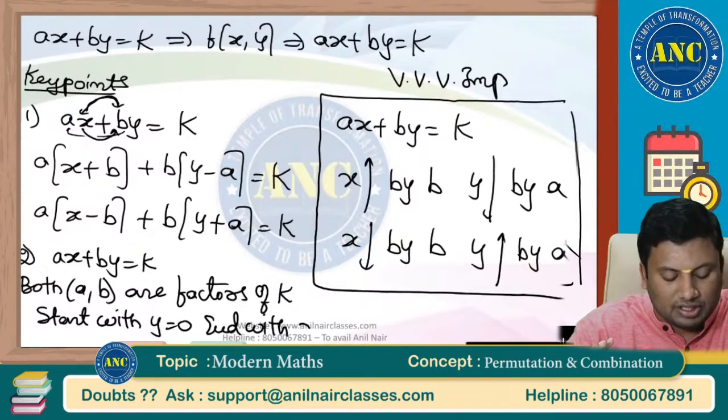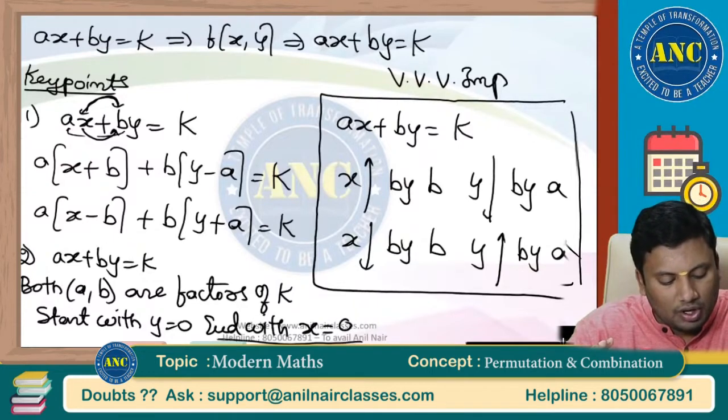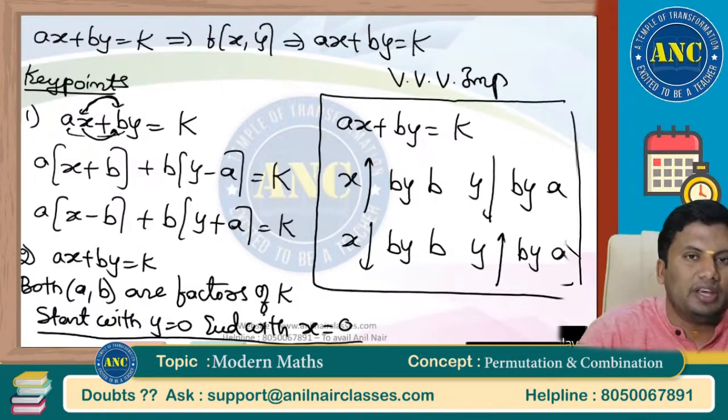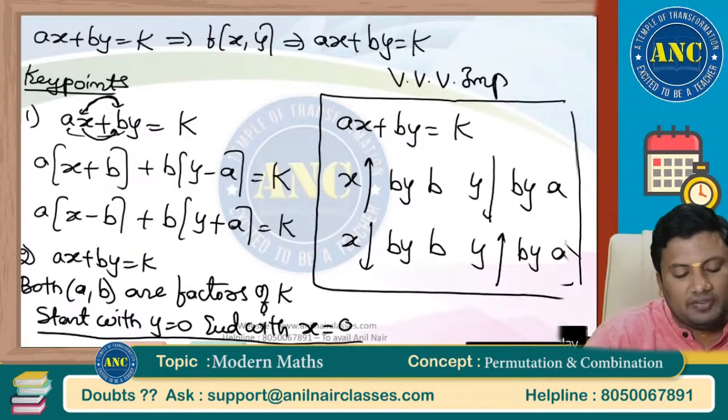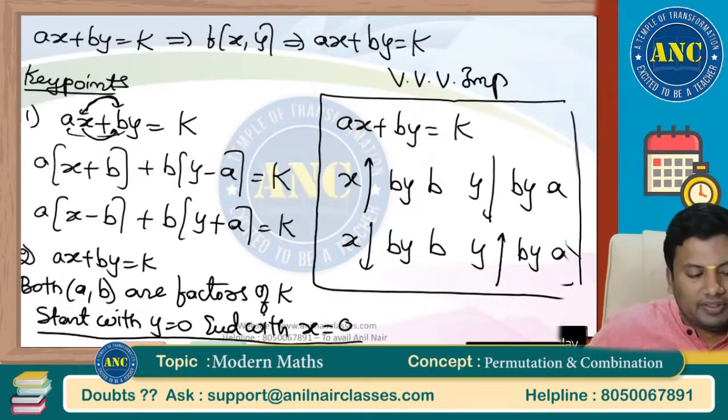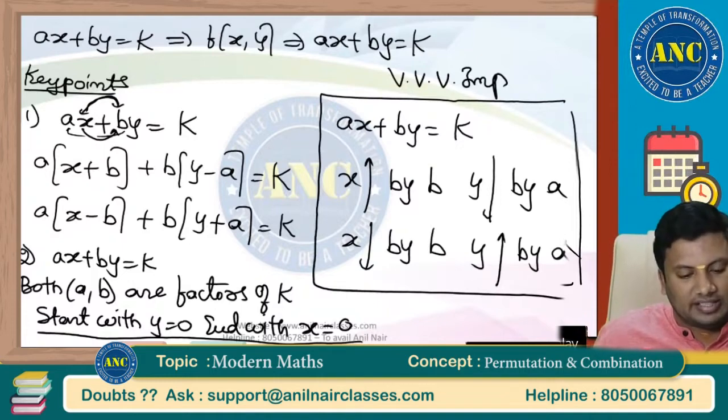Or if you start with x value 0, you will end with y value 0. You can start with y, you will end with x. You start with x and you end with y. First I will discuss the traditional method, then I will discuss Anil Nayar's way of solving the question, which is in seconds. These two important key points are there.